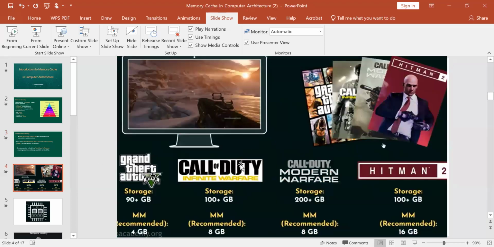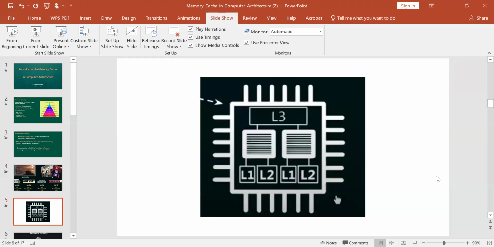Back to this illustration. Imagine playing such a huge game and the computer needs to calculate the position of characters, or say where the game has reached, and then process the position of characters. Retrieving such data from the main memory will cause the computer to slow down or take quite a long time, and hence the introduction of what we call the cache.